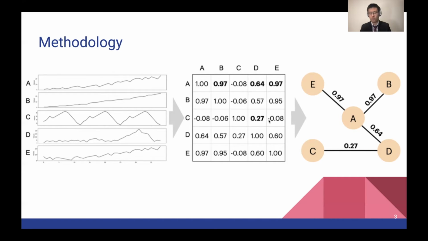But instead of a minimum value, we use the maximum value, and it generates a maximum spanning tree. This is a synthetic and clear representation of the relation of each pair of time series.